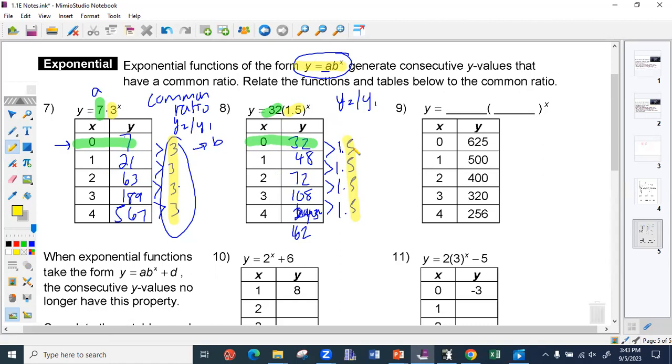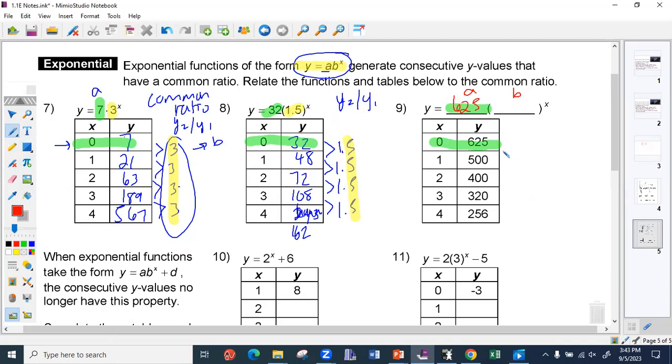Okay, so following this logic, can I fill in my blanks? Yes, I can identify my a and identify my b. What is my a? And why is that? It's the one with your 0. So you know that this is going to be 625. So smart.